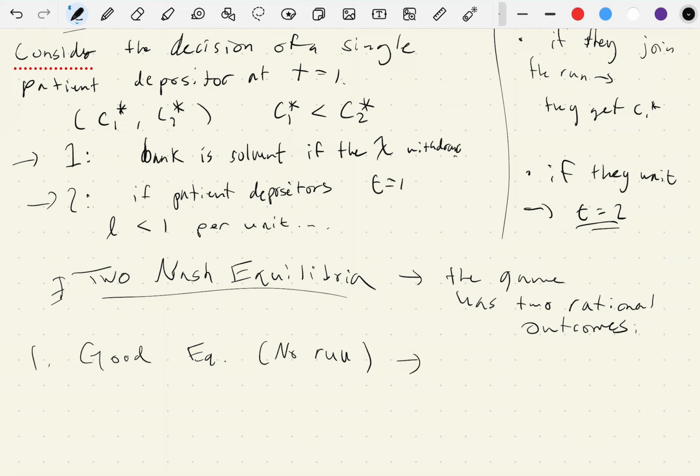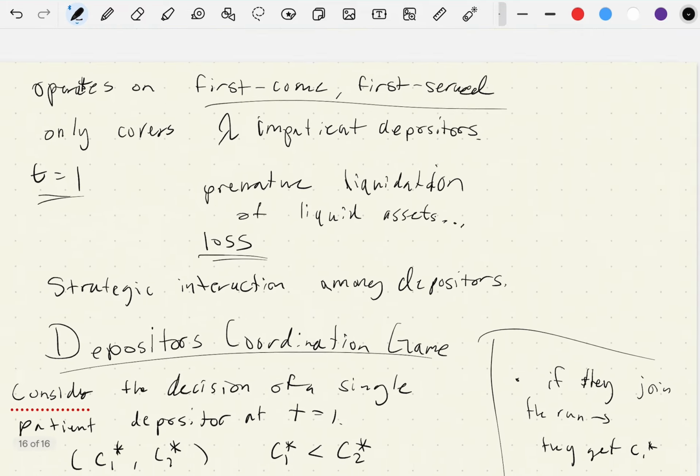So patient depositors will believe others will wait, so they will all wait, and the belief is a self-fulfilling prophecy. All right, that's the Nash equilibria, okay?